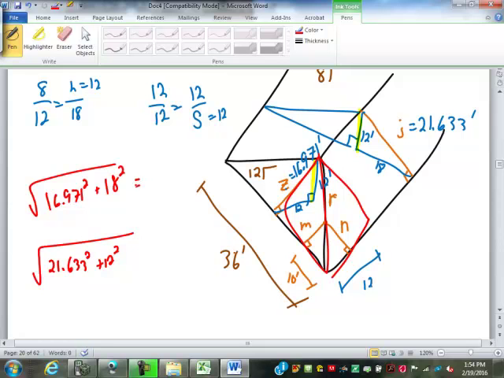Guess which one's going to be larger? Better be the same. 24.738. That is one way to double check, by the way. If you try that both ways and you don't get within a few thousandths of the same answer, you screwed something up.